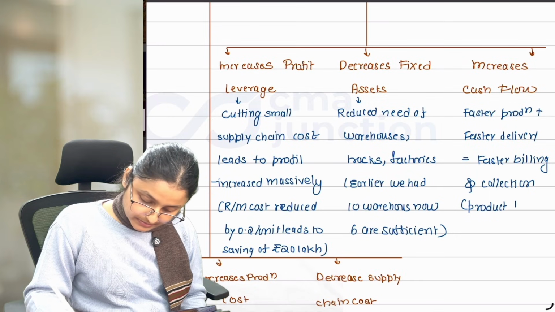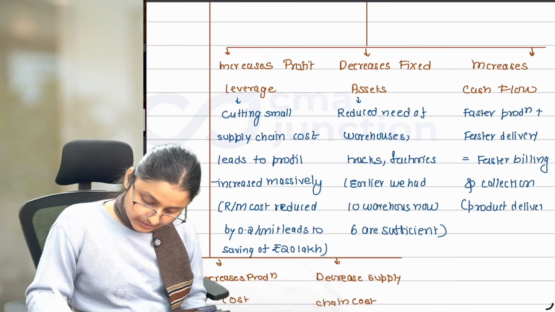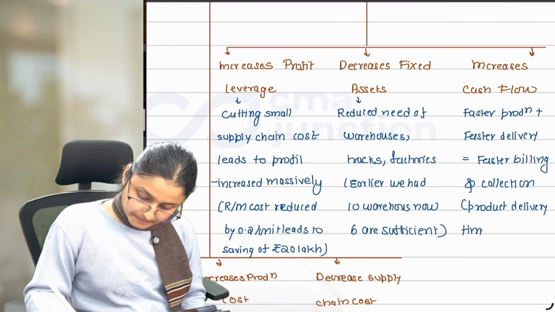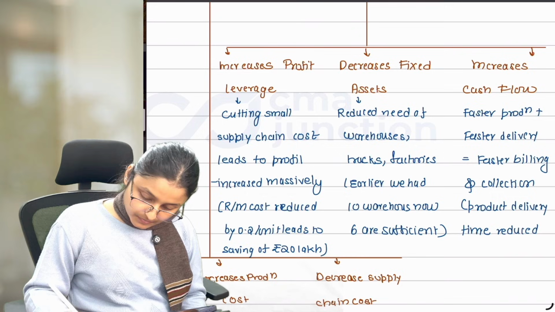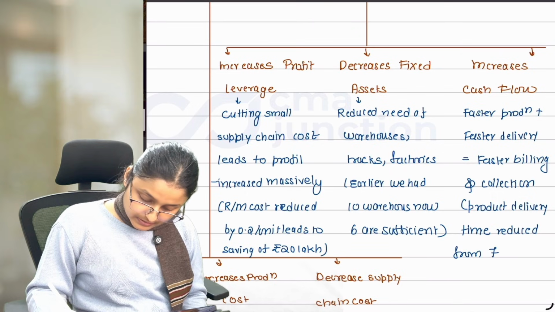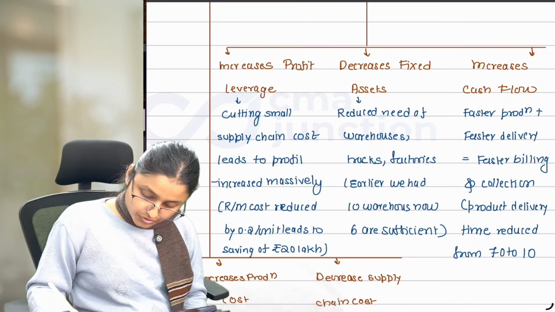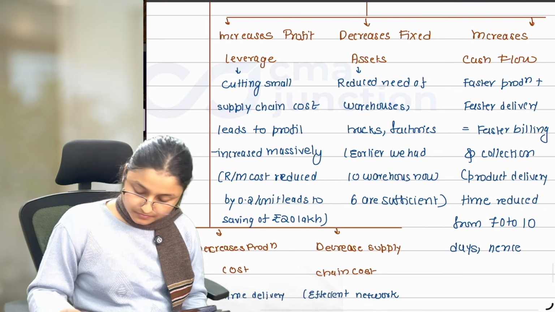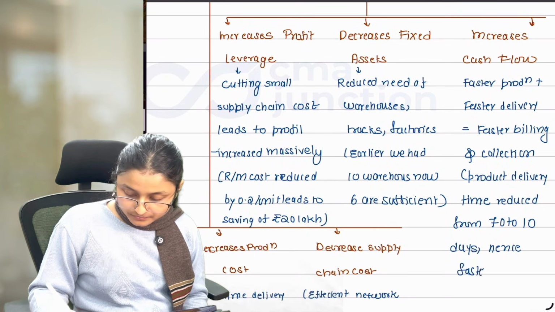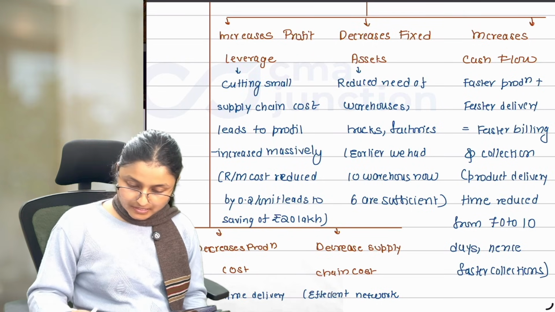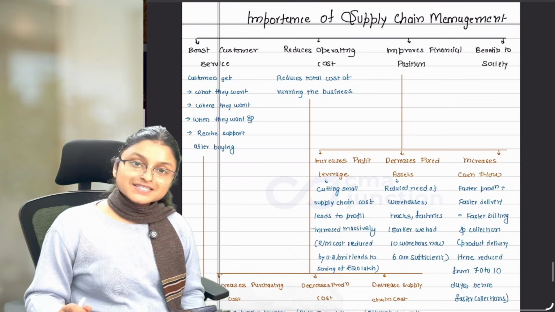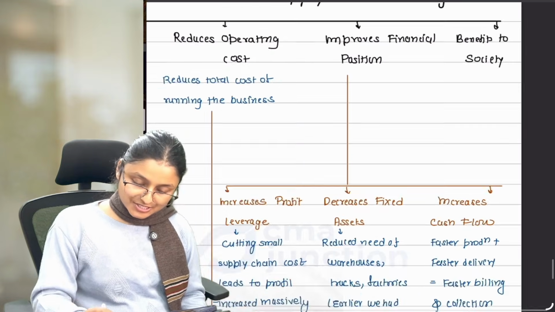So we can write an example like product delivery time reduced from 70 to 10 days, hence faster collections. Done. So this was our improvement in financial position.